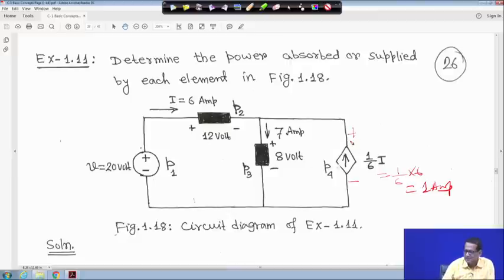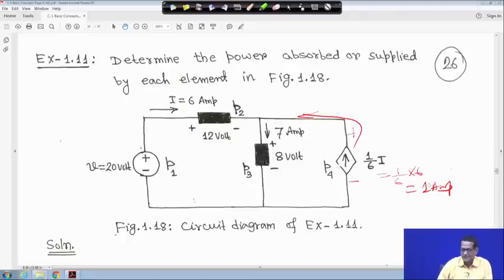This current of 1 ampere is flowing upward, that means current is actually leaving the plus terminal. As soon as it is leaving, it means power is supplied. Whenever current leaves the plus terminal, the power is supplied. So, the sign will be negative, and the current here is 1 ampere.